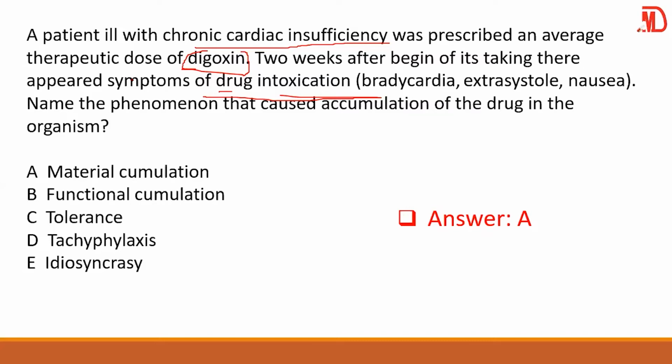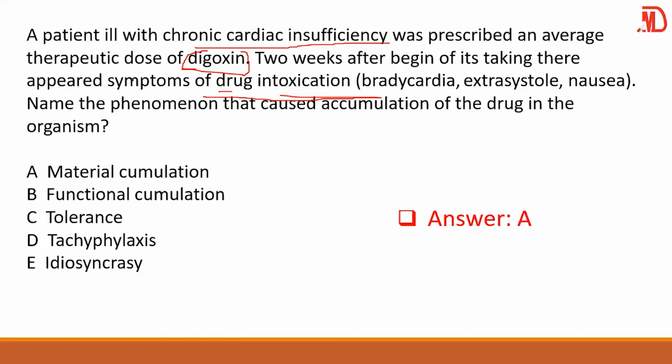Decoxin is one of those drugs that has affinity for proteins because they are made of leaves. Now, functional cumulation has to do with the mechanism of action, or the effect of the drug.